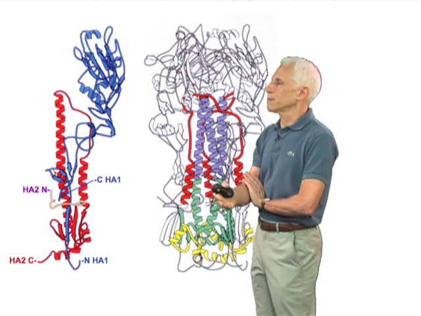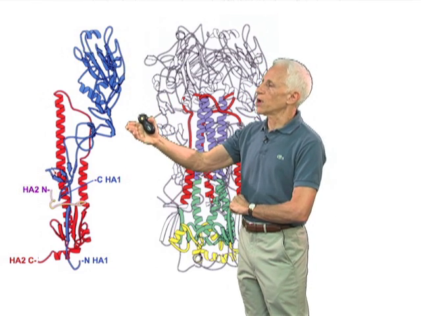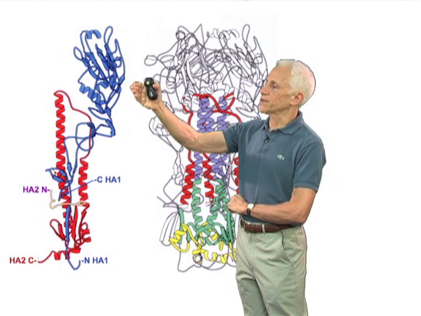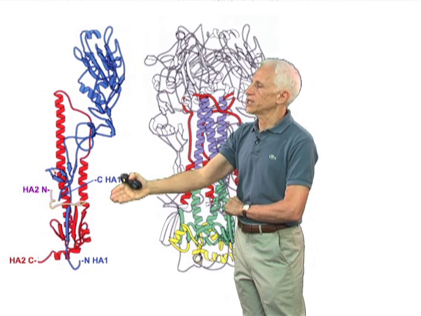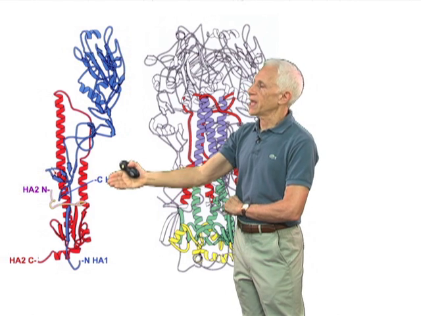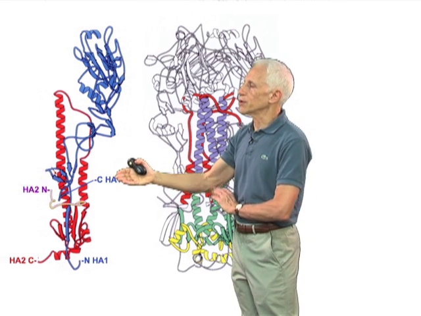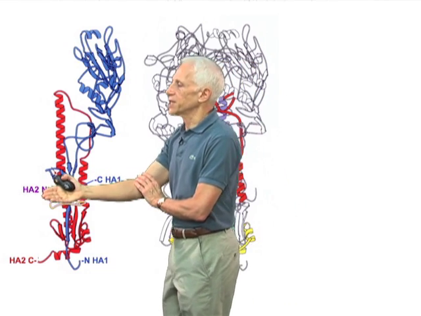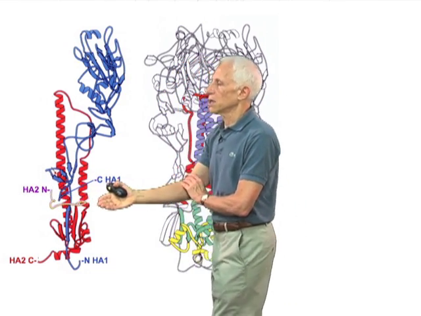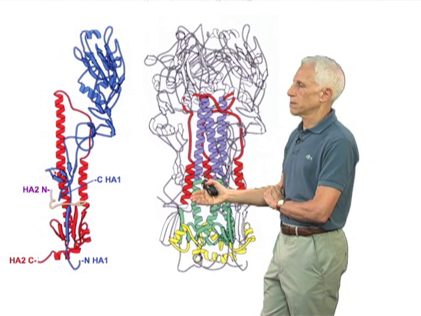Let's look at the monomer. As I said, the HA1 part is largely out at the surface with its sialic acid binding site. The HA2 part forms the stalk of the molecule. The N-terminus of HA2, remember that's the fusion peptide, is here tucked in along the threefold axis of the trimer.